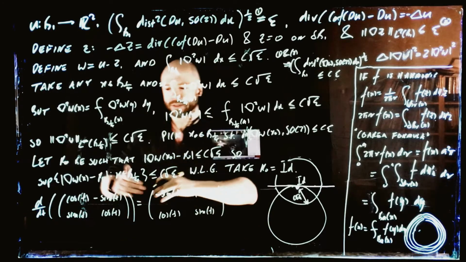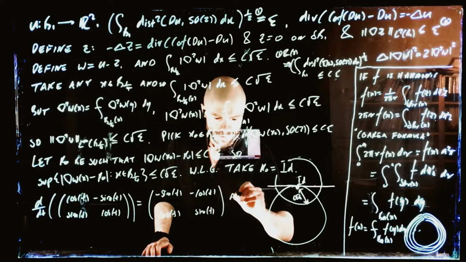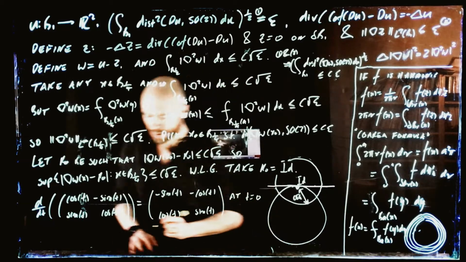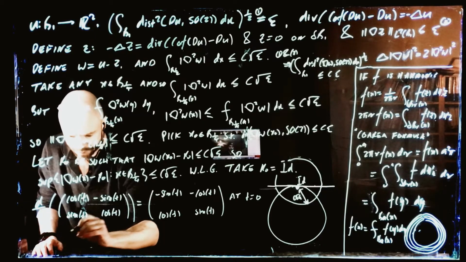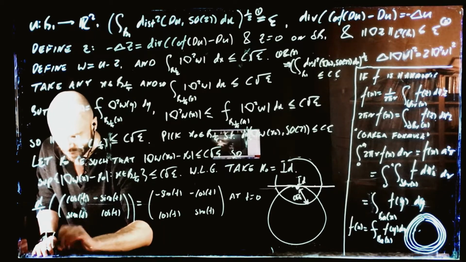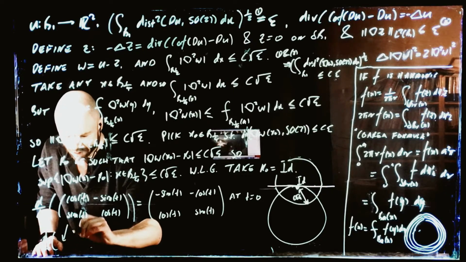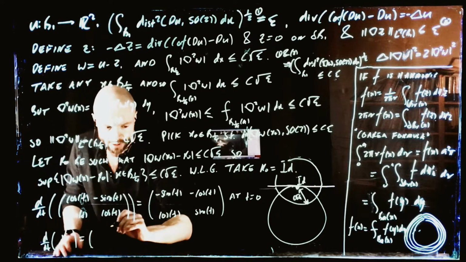If we take the tangent space at t equals 0, this thing is what we call a skew-symmetric matrix.